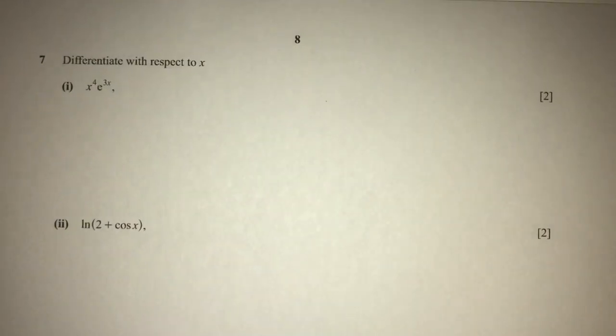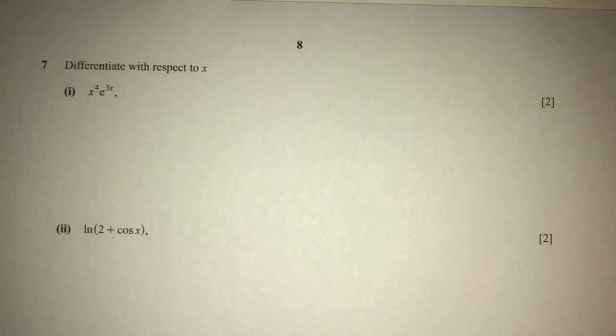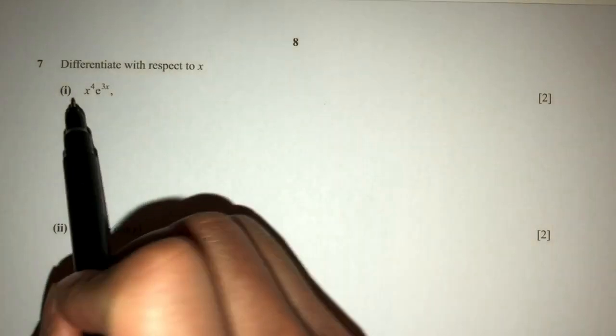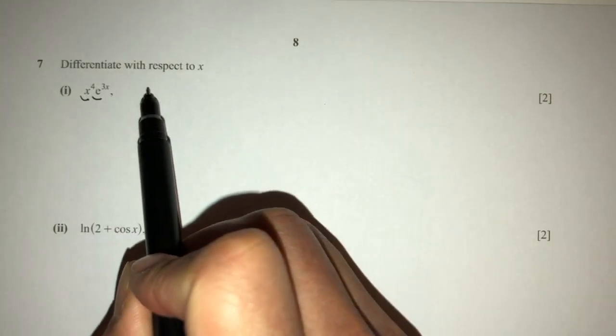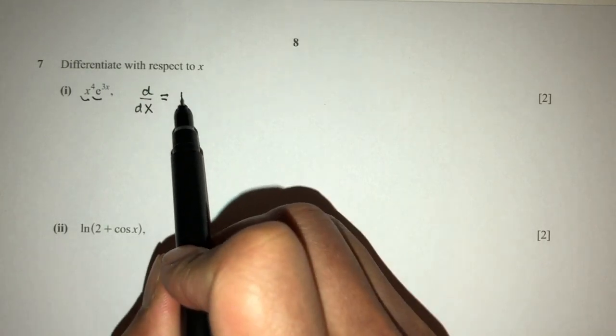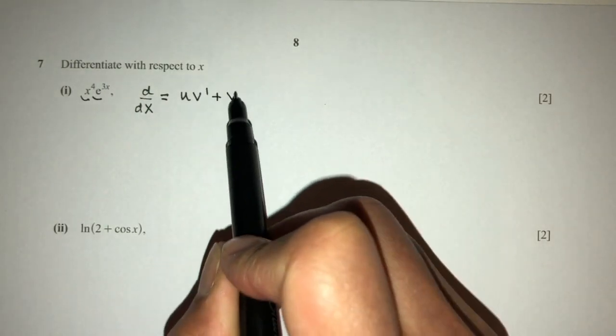Now let's move on to question number 7. Here we have to differentiate with respect to x. For the first one, as you can see, it is a product, so we have to use the product rule. So d by dx will be uv prime plus v u prime.